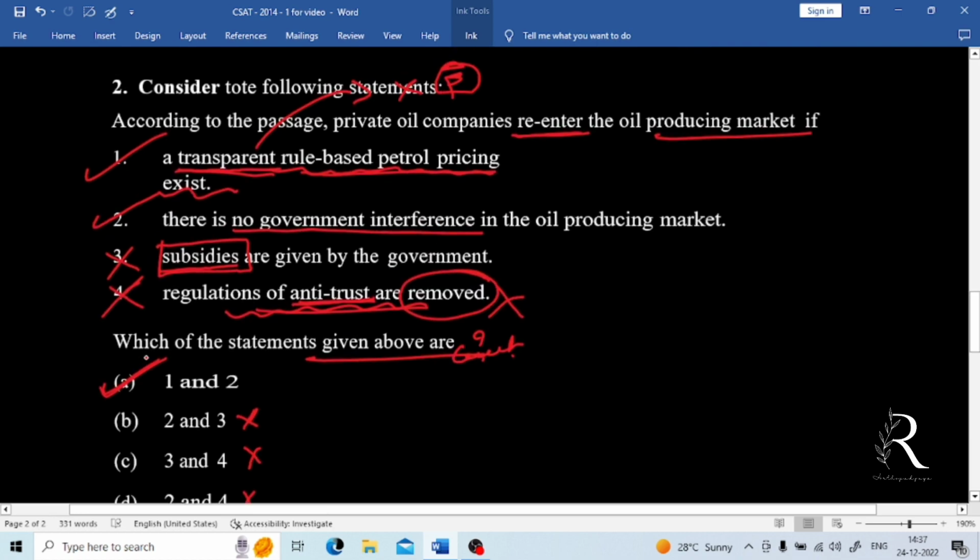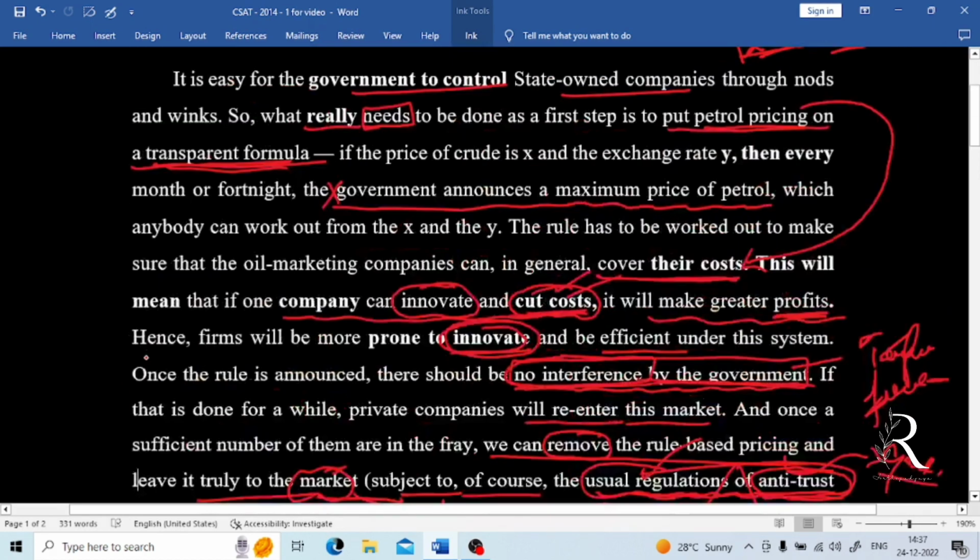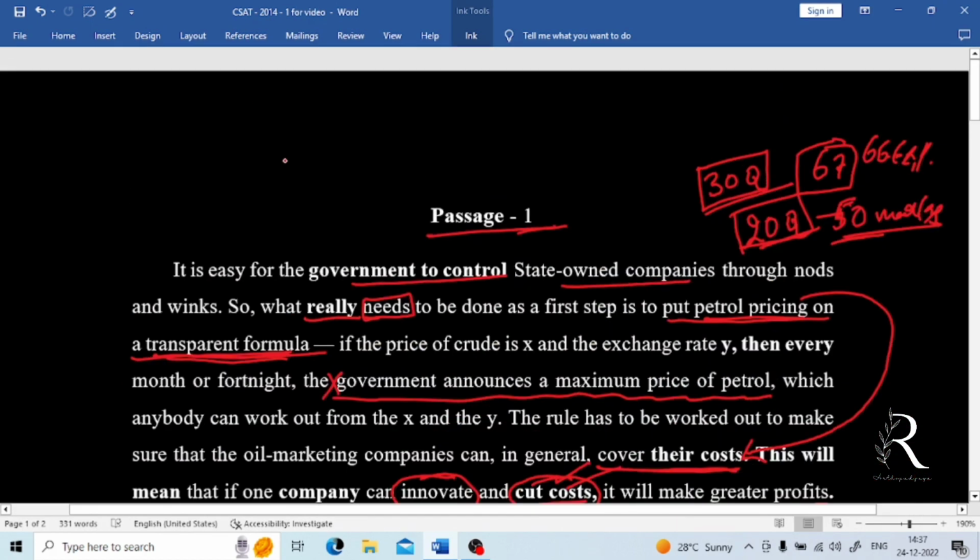Understood, friends? This is how you will be solving passages. Easy, really easy. Why am I telling you it is easy? Because every year in prelims, I used to attempt 30 questions and 29 used to be right. I will show you the proof. Whenever I attempted passages in the CSAT paper in my UPSC attempts, my first preference was to go through the passages, because I was bad in maths.